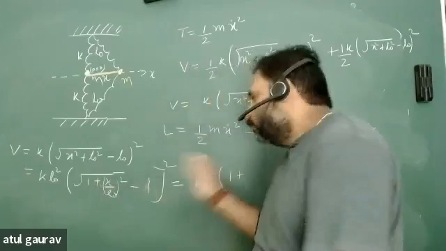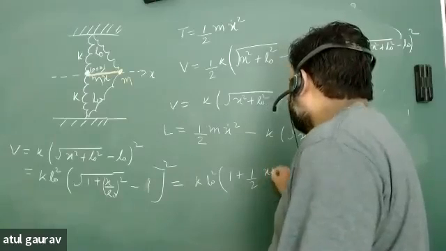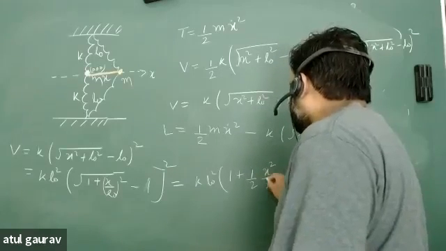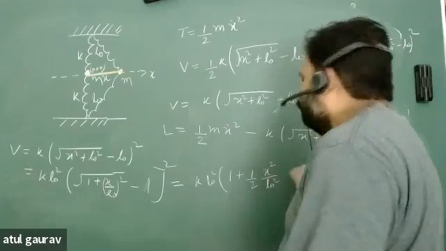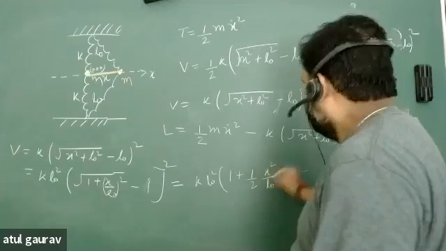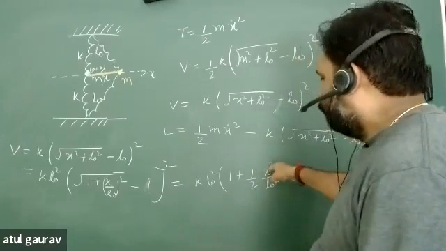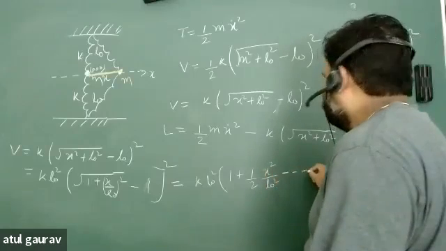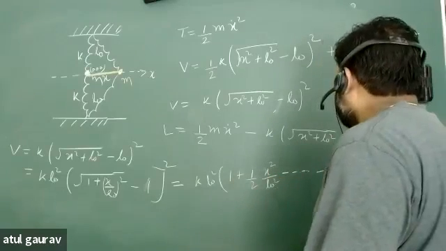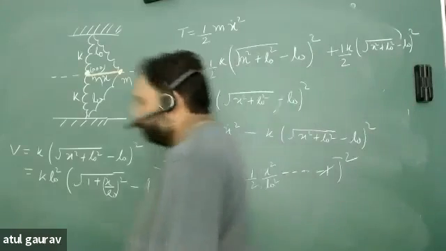The first term will be itself 1 by 2 x square by L naught square. The higher terms I have left. In the first expansion the coefficient is already x square, so I am not going to the next term, and minus 1 is there. This will be a square term.